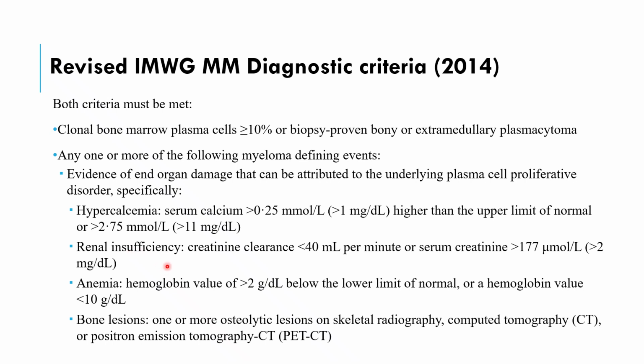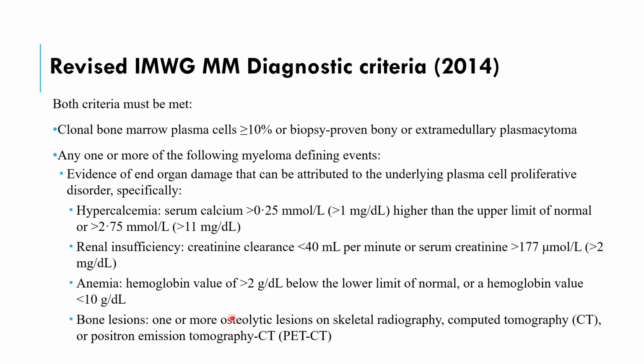Renal insufficiency, creatinine clearance less than 40 ml per minute, or serum creatinine more than 2 mg per deciliter. Anemia, hemoglobin less than 10 gram per deciliter or more than 2 gram per deciliter below the lower limit of normal for age and gender.